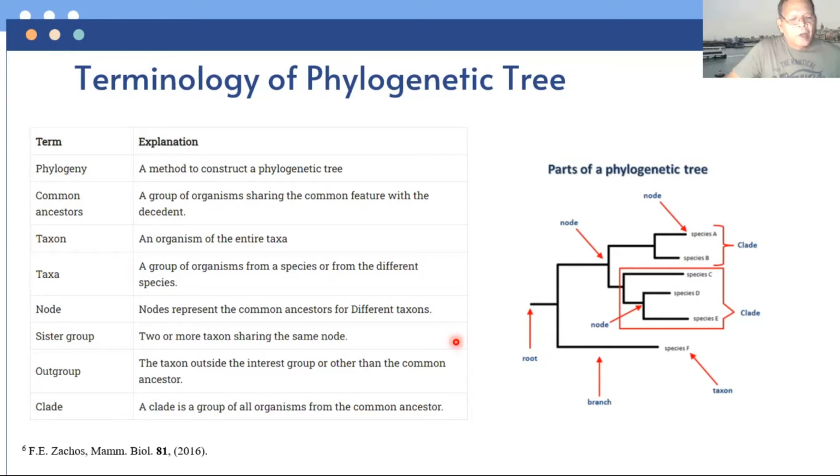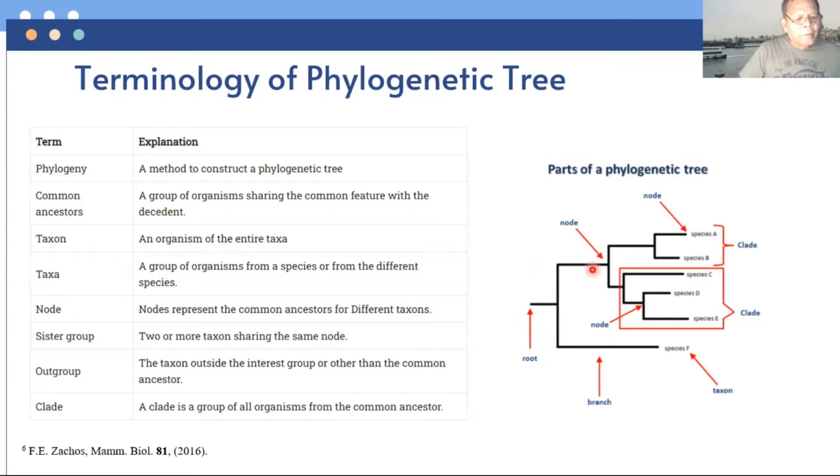The trunk at the base of the tree is called the root. Let's see this figure. This is the root. This is the branch, and this is the node.